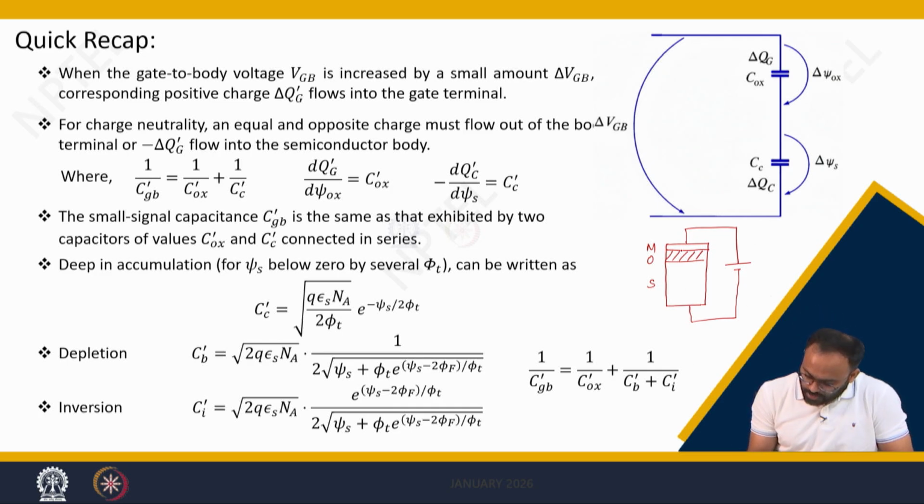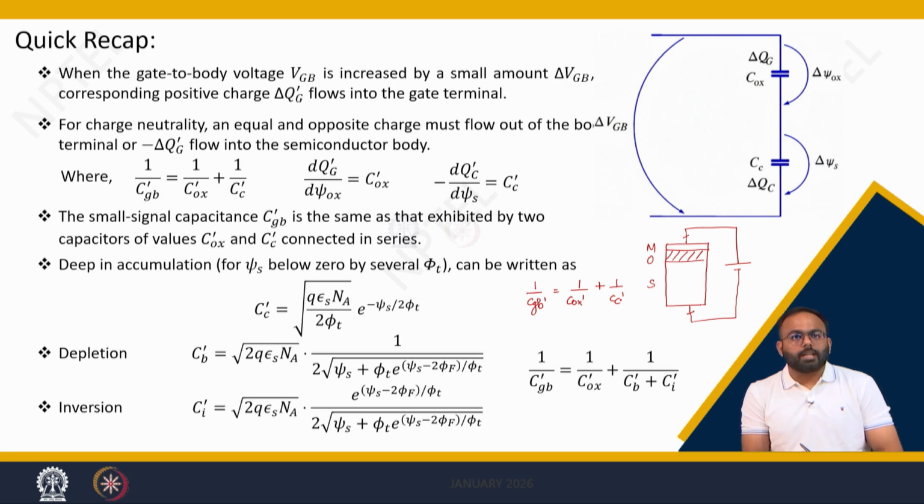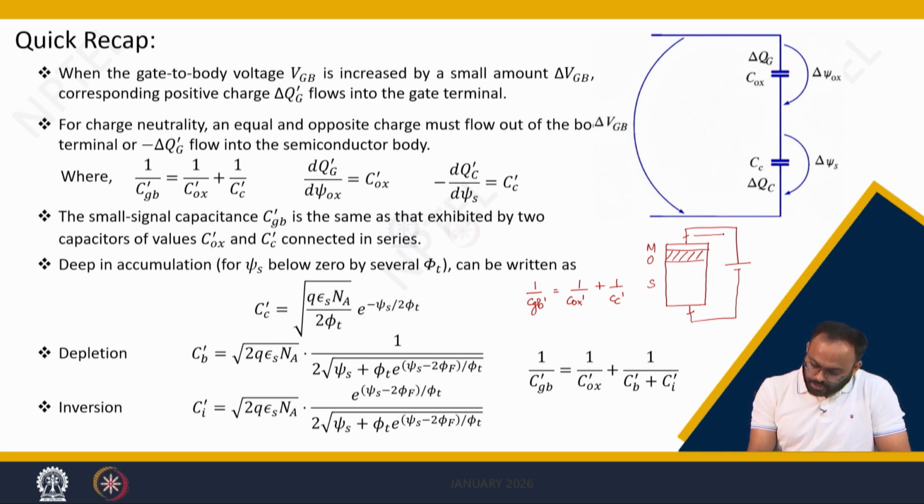This capacitance is nothing but the gate to body capacitance. 1 over CGB dash is nothing but 1 over COX dash plus 1 over CC dash. So, we discussed that the overall capacitance of this two terminal MOS structure is nothing but the series combination of this oxide capacitance and this channel capacitance.